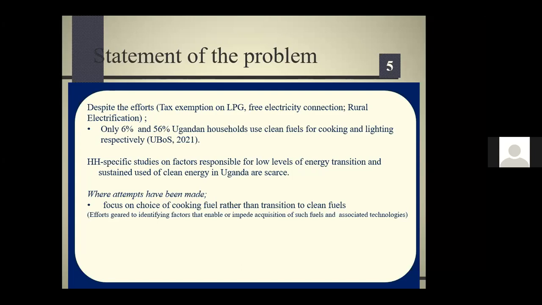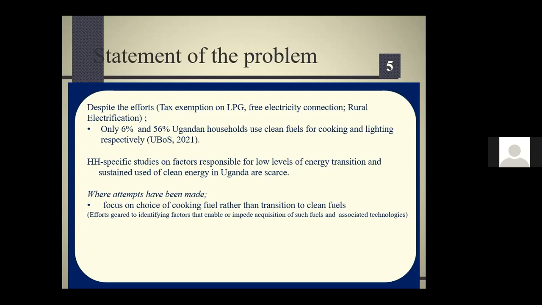But it's unfortunate that to date, the recent report from UBOS shows that only about 6% of households use clean energy sources to meet cooking needs, and about 56% use clean energy sources for lighting.